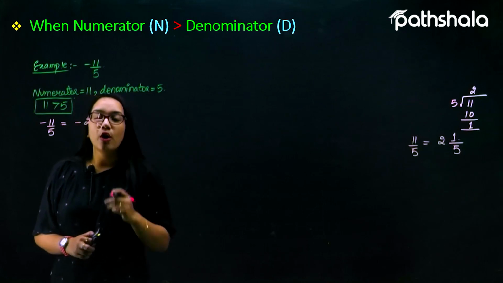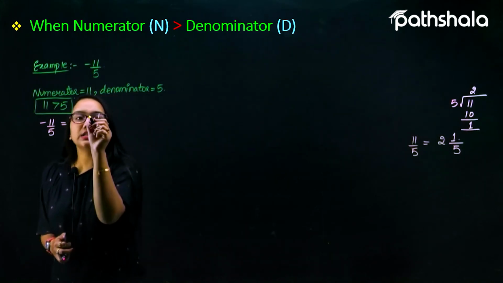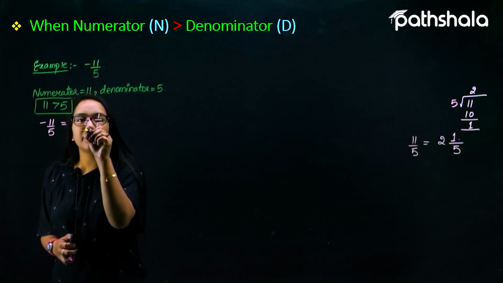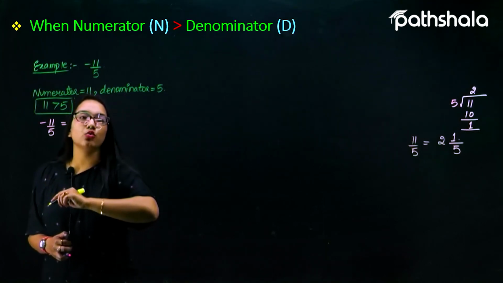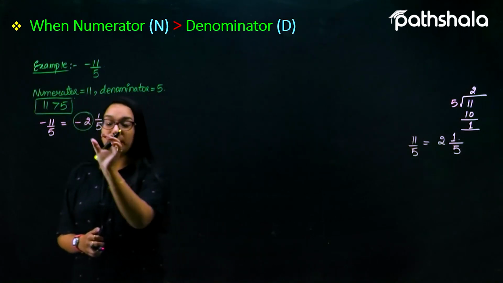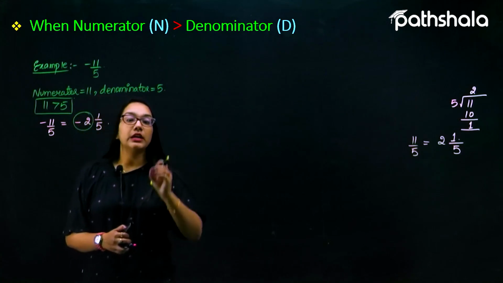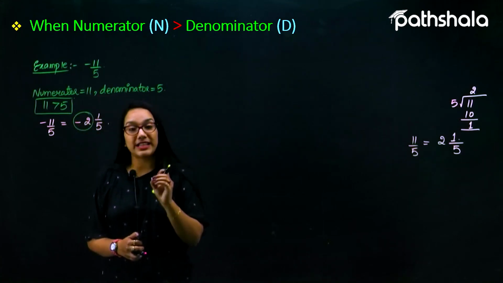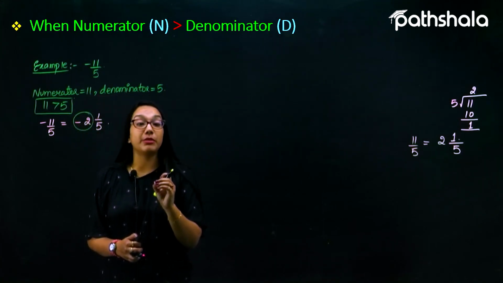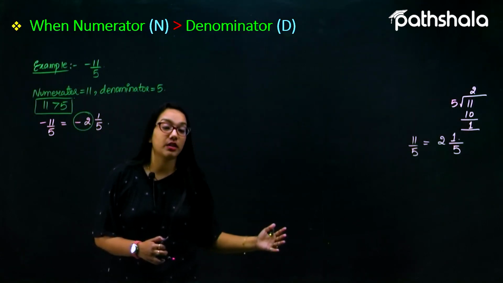So now from this particular mixed fraction, we can say that this lies in between the point minus 2 and the coming integer, which is minus 3. So it means that the rational number minus 11 by 5 is in between the integer minus 2 and the coming integer, which is minus 3.